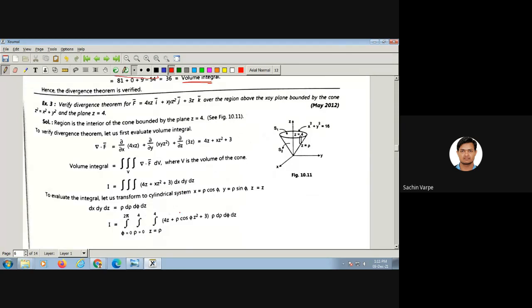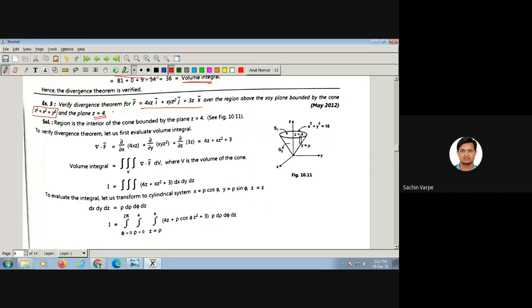Next question, verify divergence theorem for this f bar, which is given to be 4xz i plus xyz square j plus 3z k over the region above the xy plane, right? Bounded by the cone z square equal to x square plus y square and the plane z equal to 0.